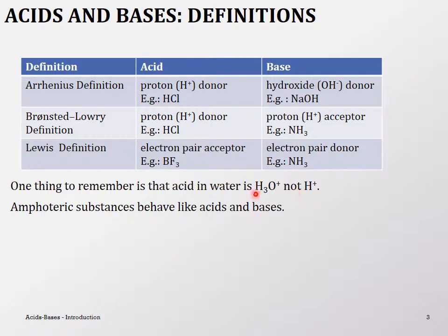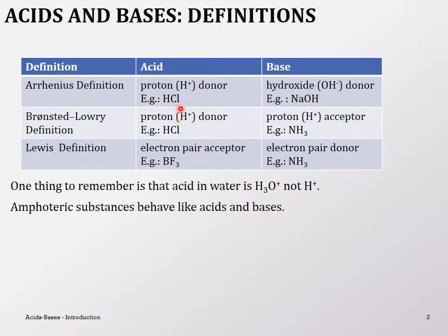The other thing to remember before we go on is that when we have acids, we deal with the hydronium ion and not H+. We write it as a proton because yes, HCl is giving H+, but HCl as a gas is not an acid. However, HCl in water is considered to be an acid, and you can do a pH test and see this.